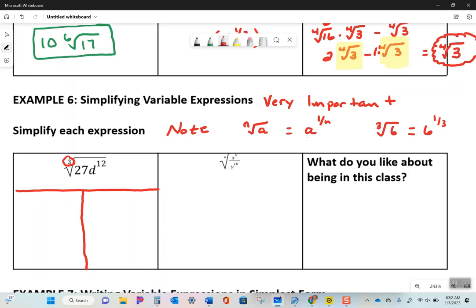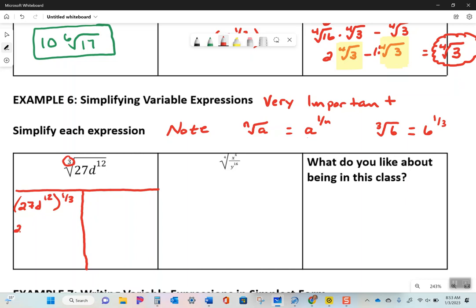So I would take this radical and write it as a rational exponent. So I would call this 27d to the 12th, to the 1/3 power, like so. Okay, so what this really means, kids, is this.